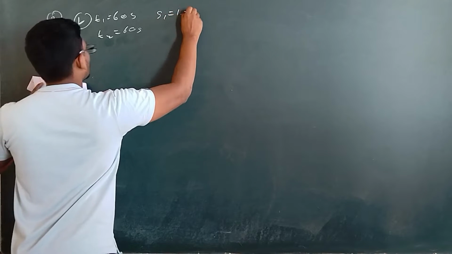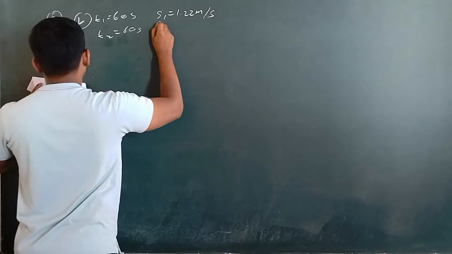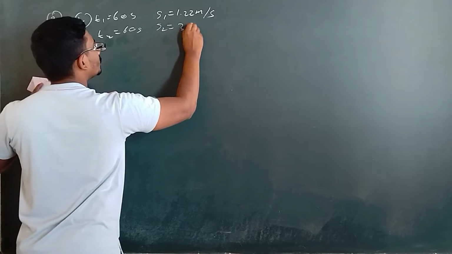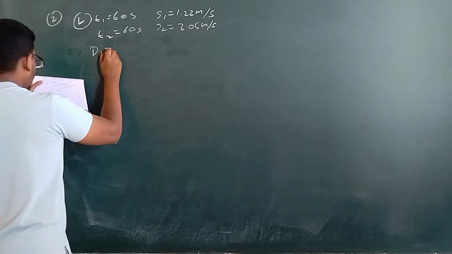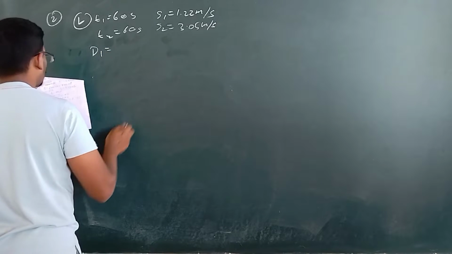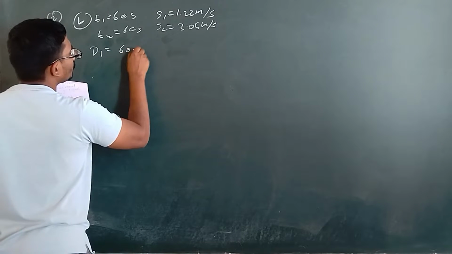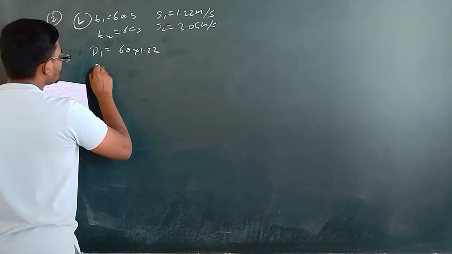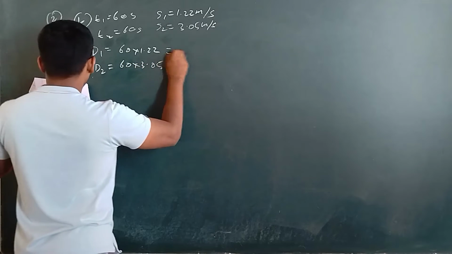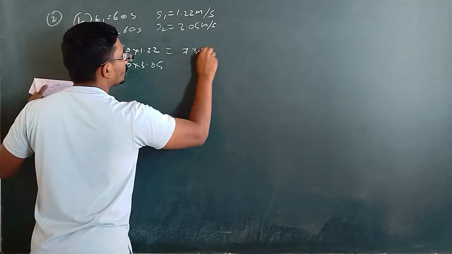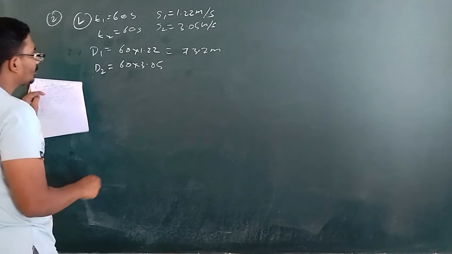For part B, t1 is equal to 60 seconds and t2 is equal to 60 seconds, whereas speed 1 is equal to 1.22 meters per second and speed 2 is 3.05 meters per second. So the distance traveled in the first case will be equal to 60 into 1.22, and the distance traveled in the second case is 60 into 3.05. Here you will be having 73.2 meters as we saw in the first case.